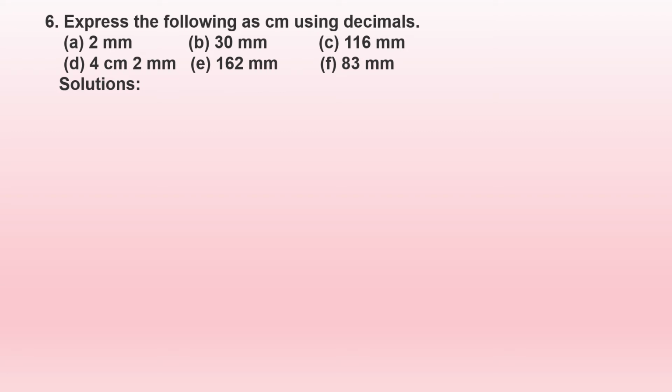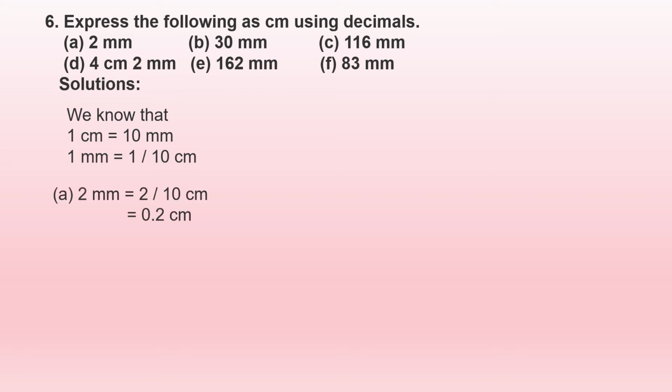Express the following as centimeter using decimals. 2 millimeter. We know that 1 millimeter is equal to 1 by 10 centimeter. So, what is 2 millimeter then? 2 by 10 centimeter.